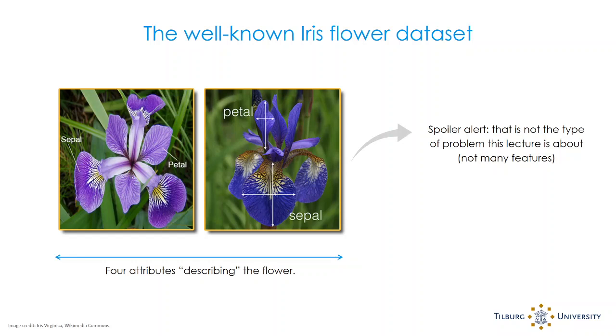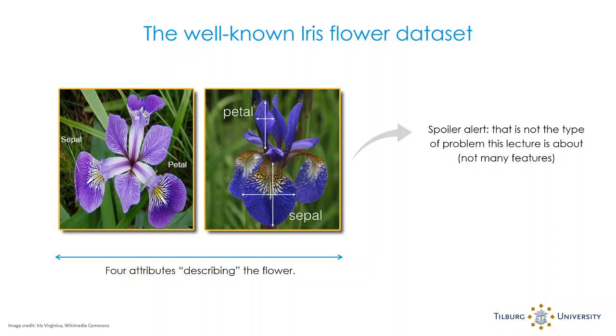Of course, this is just a toy example to introduce the lecture and the relevance of plotting and understanding how those features relate with each other and the distribution of those features and so on, because this lecture is concerned about problems which are actually described by more dimensions.